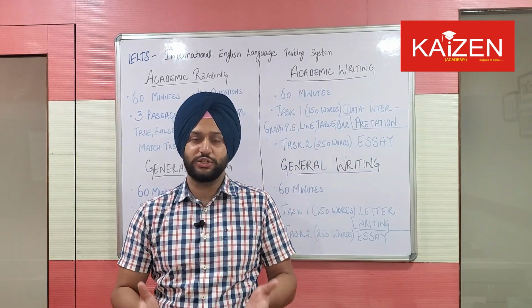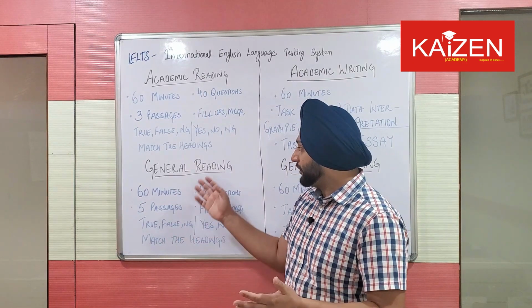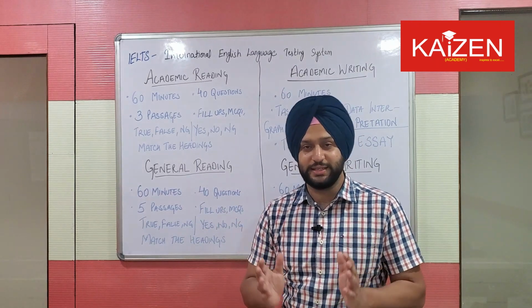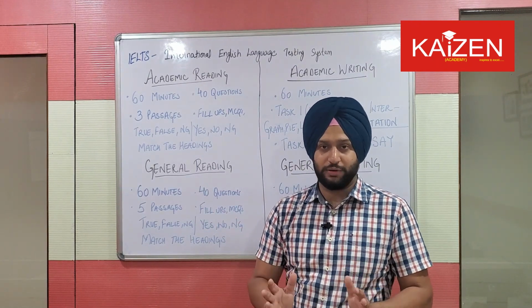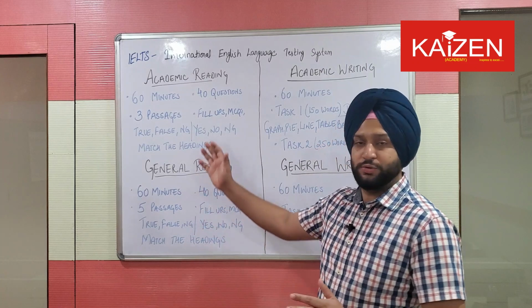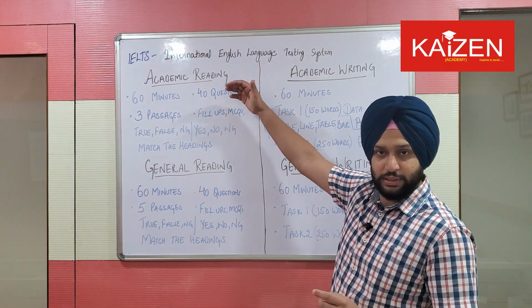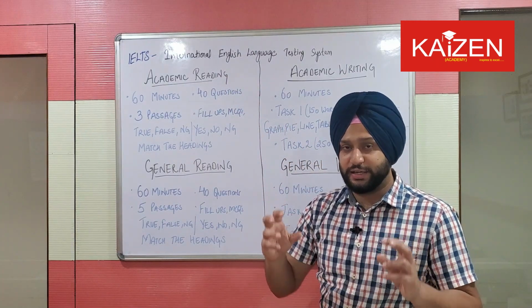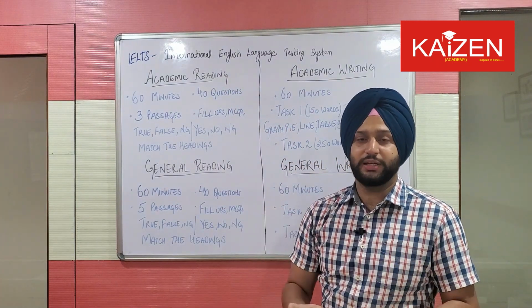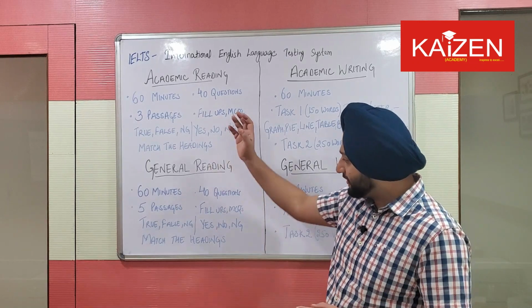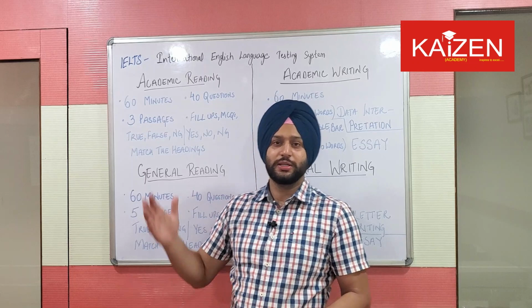Yes, the language of general reading is easier, no doubt about it, if we compare it to the academic reading. Academic is tough in terms of the English language, in terms of vocabulary, in terms of the sentences. This is tough. This is comparatively easier. But it evens out when it comes to the marking part.